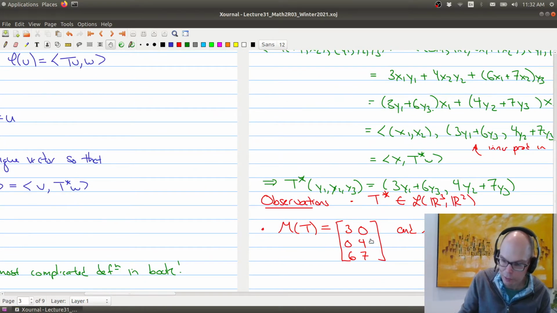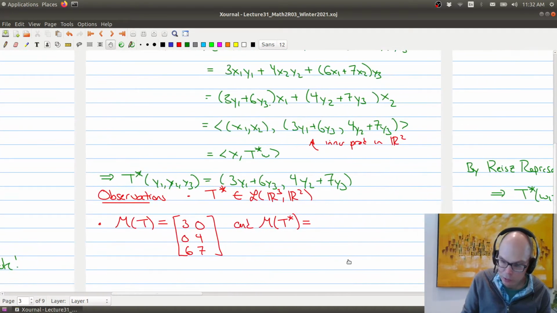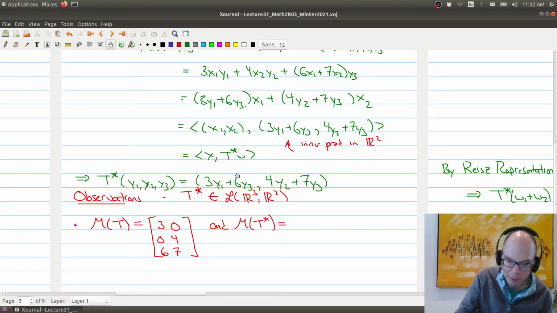That gives me that first column. But now, if you do the same thing for the original map, this is sent to 3, 0, 0, 4, 6, 7.